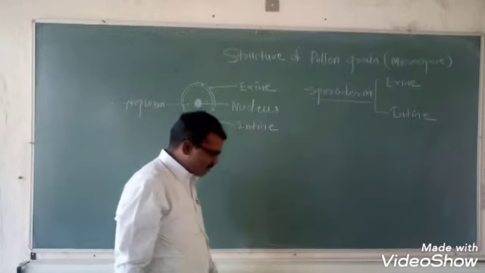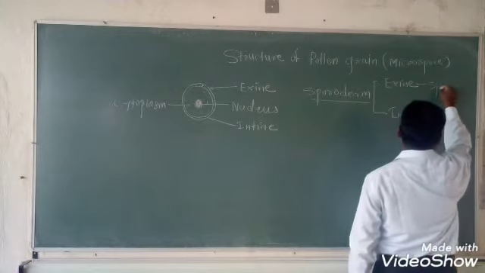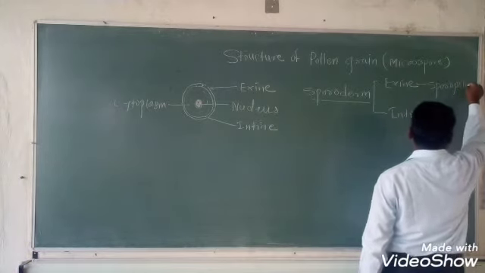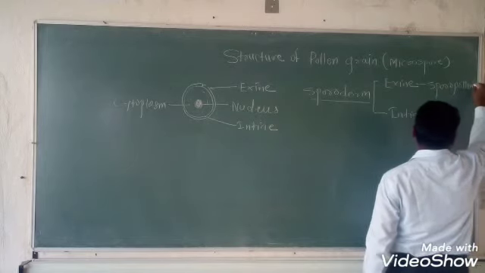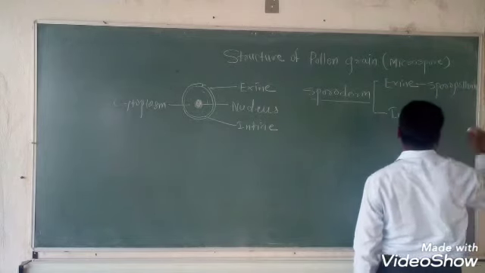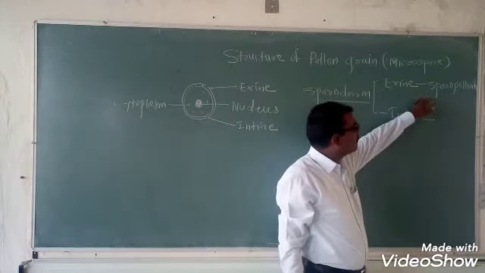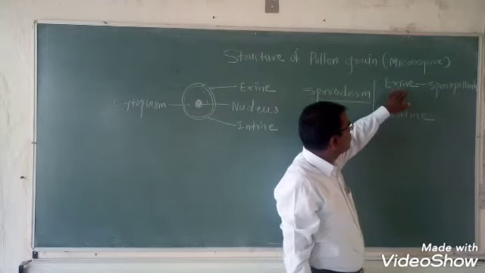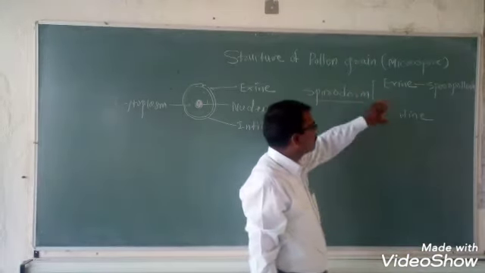Exine is made up of sporopollenin, which is a non-biodegradable substance, and hence the pollen grain does not decompose.